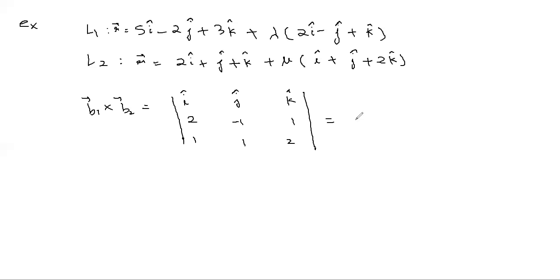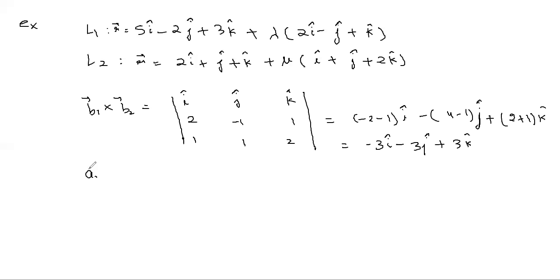So the answer is negative 2 minus 1 times i, minus 4 minus 1 times j, plus 2 plus 1 times k, or eventually minus 3i minus 3j plus 3k.